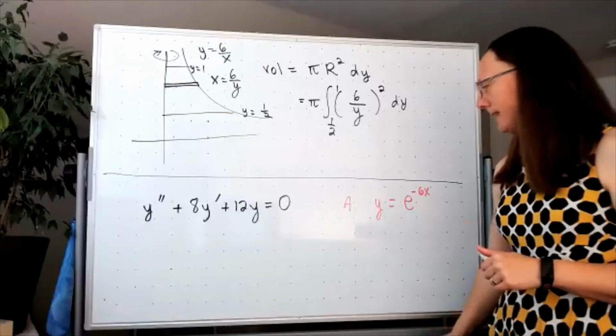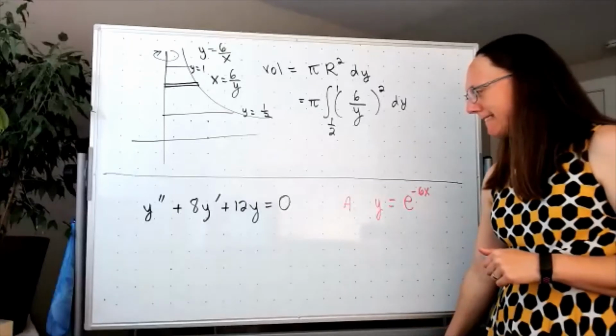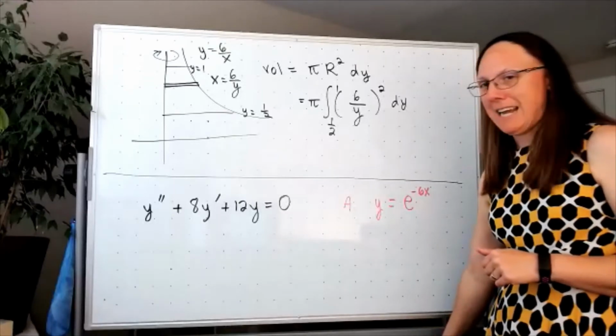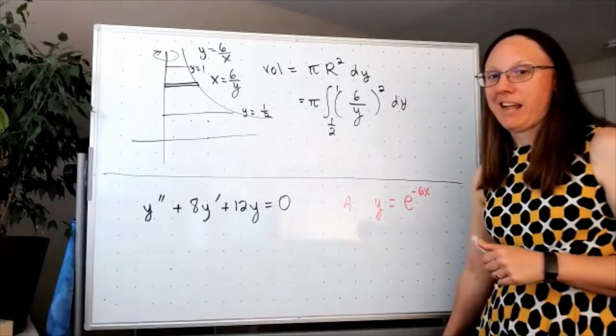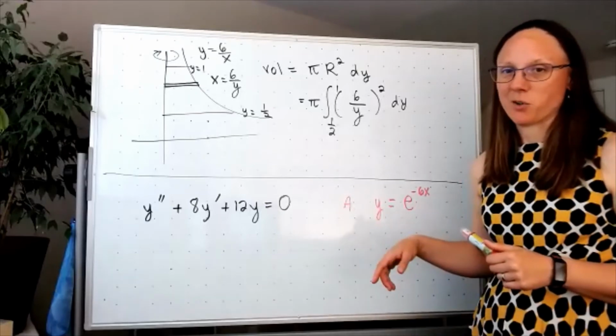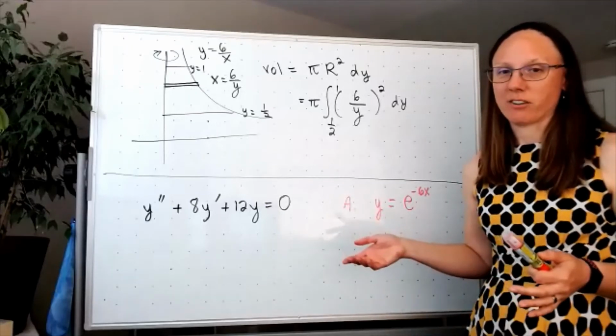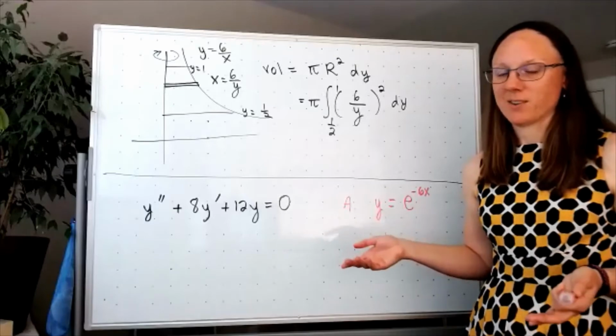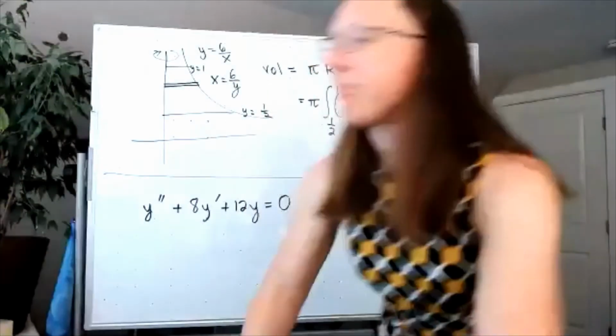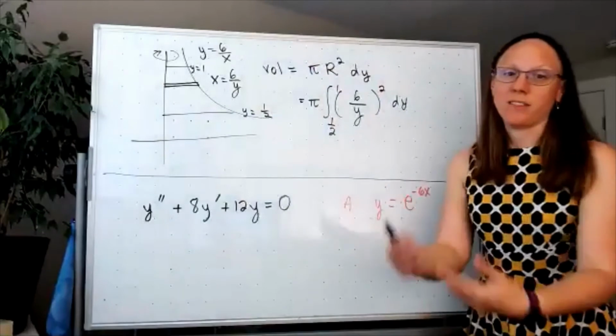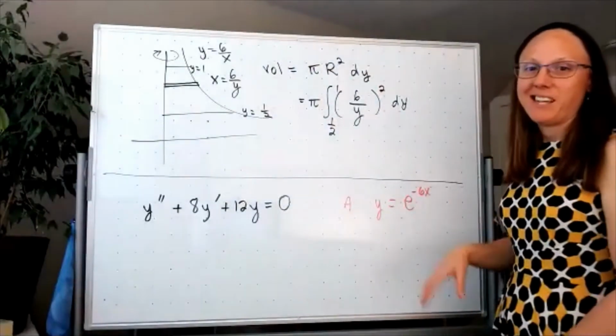I'm going to use it, but this one happens to work. I don't know if it's more instructive to see one that works or one that doesn't work. I'll do this one and then maybe we'll do another one.